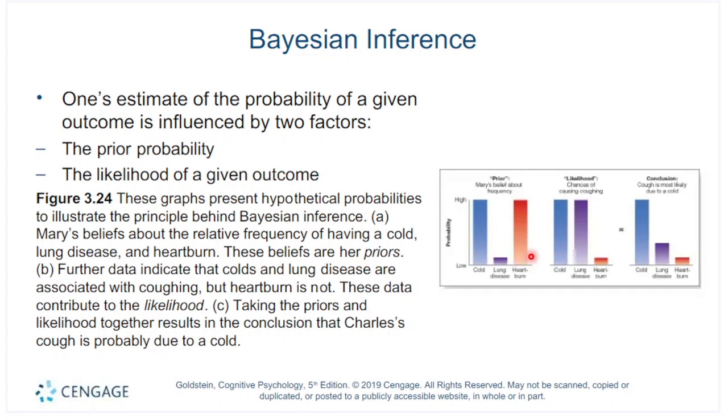Okay, so we have here Mary, and Mary has an idea that having colds might be equal to heartburn. So, yung pag sinisipon ka daw, ano na daw yon, heartburn na daw yon. So, that, we will mark it as her priors. Ayan yung una niyang idea about cold, heartburn, as well as lung disease.